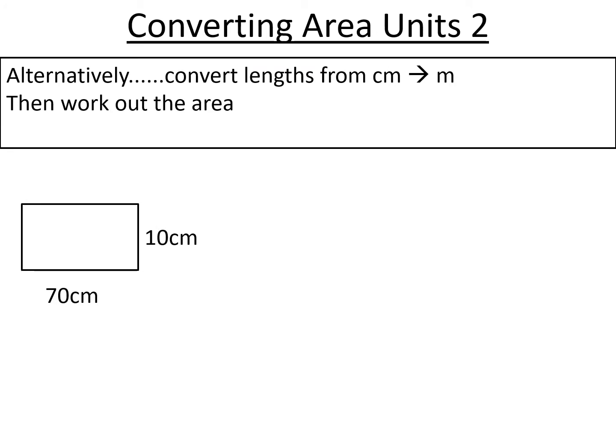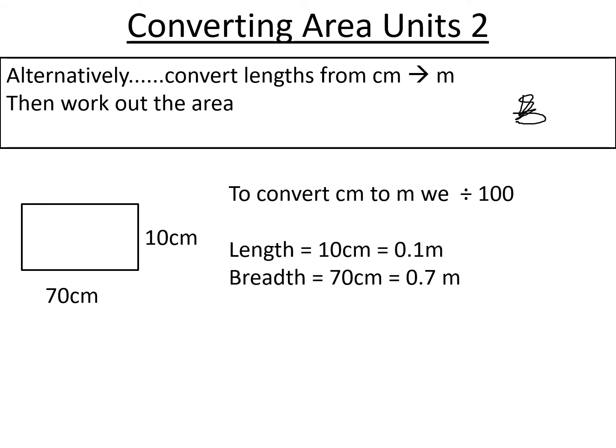So the other way to do the conversion is to convert lengths from centimeters into meters and then work out the area. So again, if you make a wee note of that so you know the second way of doing it, and also make a note that to convert centimeters to meters, we divide by 100. But I would hope you all know that by now. So how do we do this?